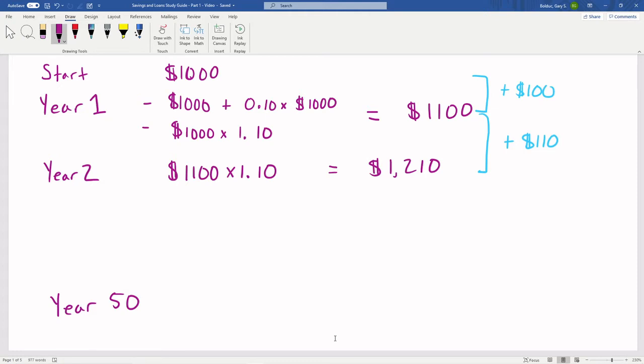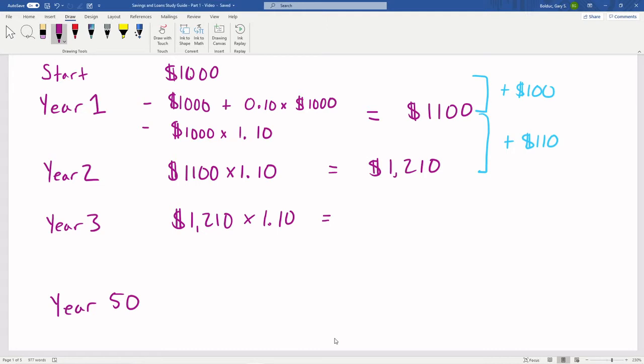Let me do one more example with year 3 now, and we'll see, hopefully, what the formula looks like. So you had $1,210, now increased by 10% again, which is just multiply by 1.10, always that same thing.